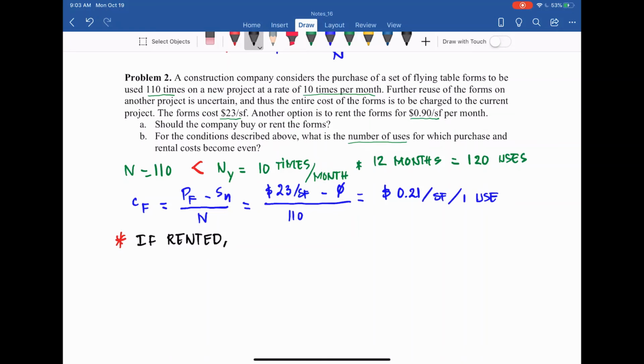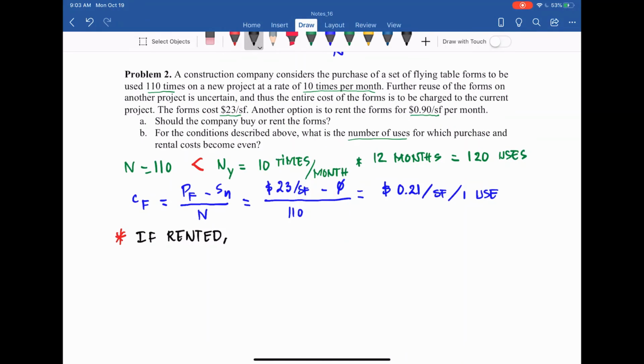We use 110 times, and the rate is 10 times per month. So the number of months we need to rent equals 110 times divided by 10 times per month. From that calculation, you get 11 months. So we need to rent for 11 months.